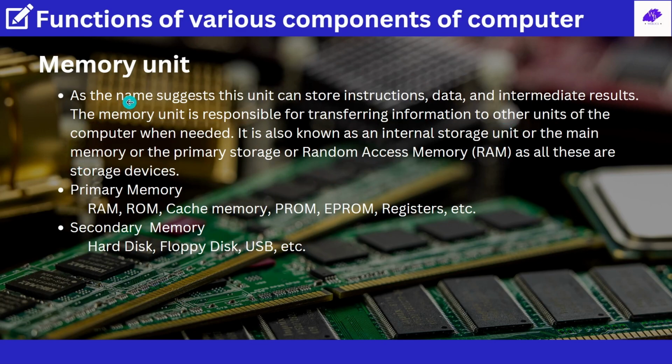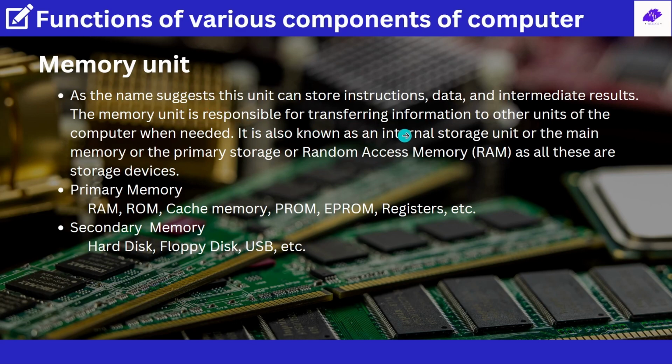The memory unit is responsible for transferring information to other units of a computer when needed. For example, when you need the address of a particular data, the memory unit will send the address, saying that this item is at this location. So that information or data will be stored in the memory unit.